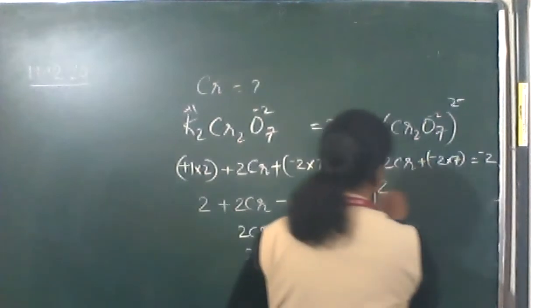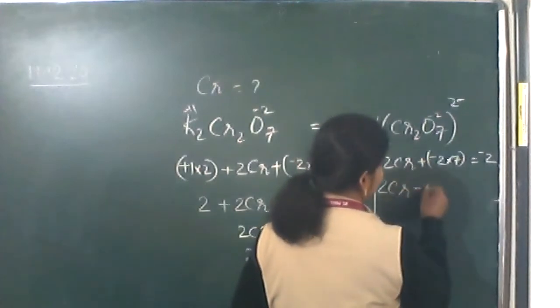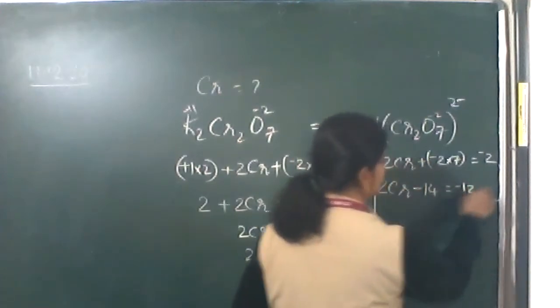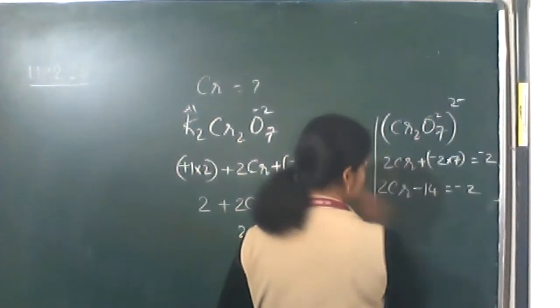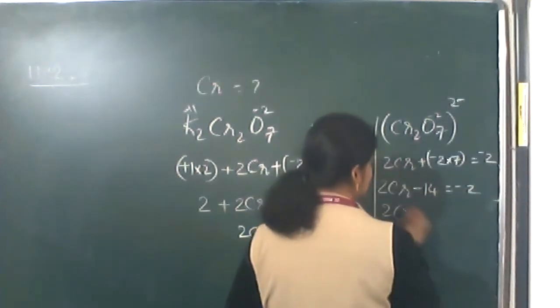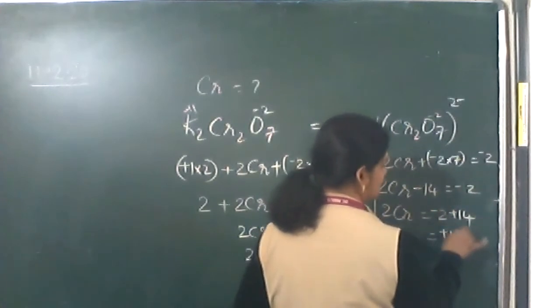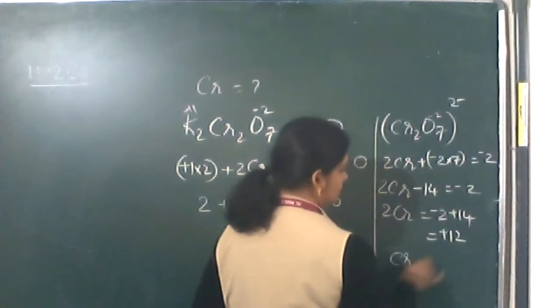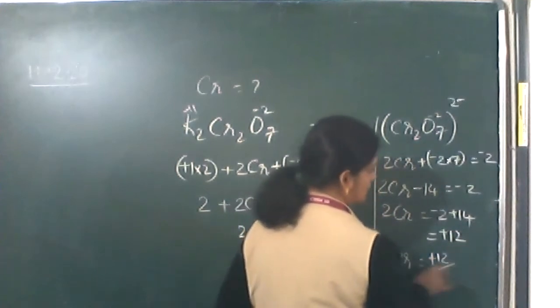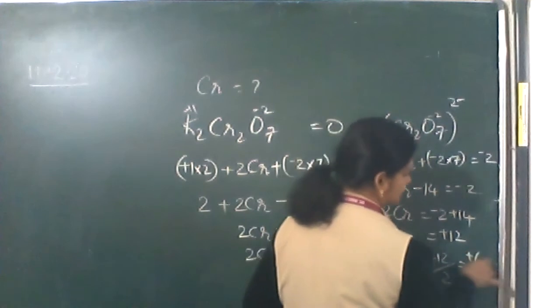So 2 Cr minus 14 is equal to minus 2, 2 Cr is equal to minus 2 plus 14, that is plus 12. So Cr is plus 12 upon 2, that is plus 6.